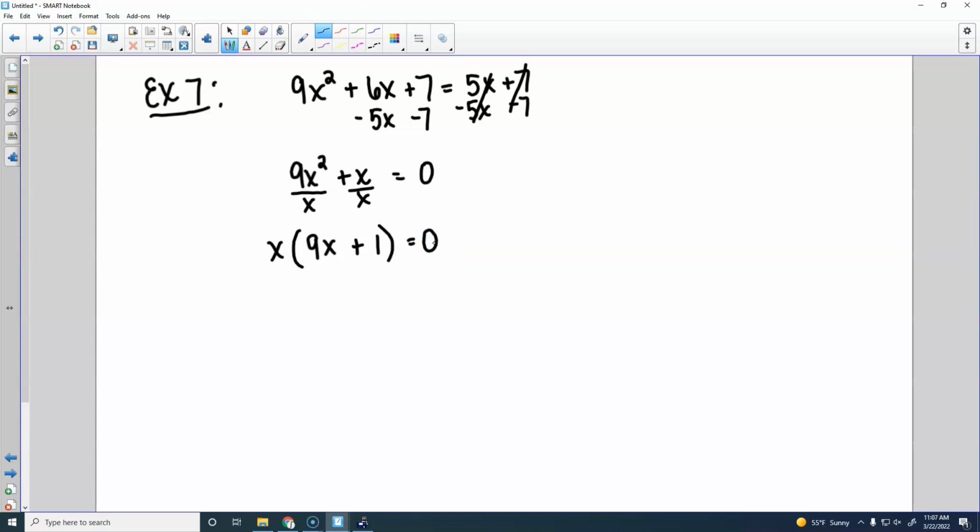Now we're going to set each one of these equal to 0. So the x just equals 0. That factor that we pulled out equals 0. Well, that is just 0, right? And then we'll have 9x plus 1 equals 0. And we want to solve this here, so we're going to subtract that 1. 9x will equal negative 1, and we'll divide by 9, so x will equal negative 1/9.